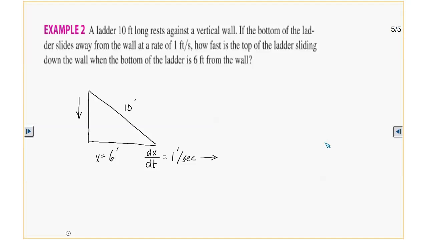Let me ask you a question. When you were in algebra, if you were given x, what are you supposed to find? Y. If you're given y, what are you supposed to find? What are you given here?